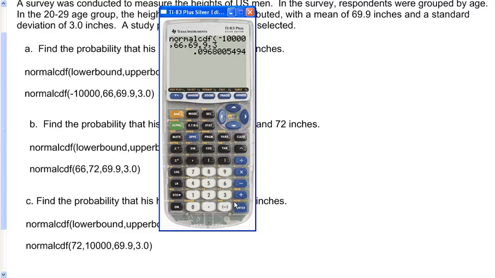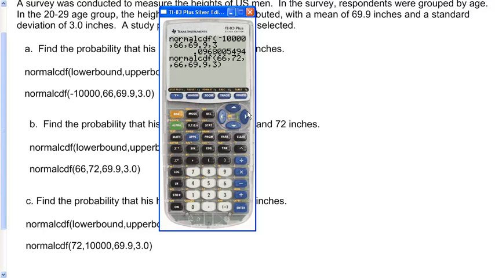Okay, so now, and notice I didn't even have to finish the parentheses. I'm going to have it type over, and this time I'm going to put the parentheses. And remember my lower bound, and I'm going to have to delete some numbers because I'm going to have too many numbers when I get back up here. So let's go over here, and let's put 66, comma, 72, comma, 69.9 is already there.